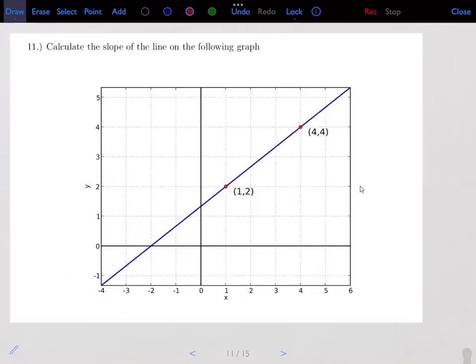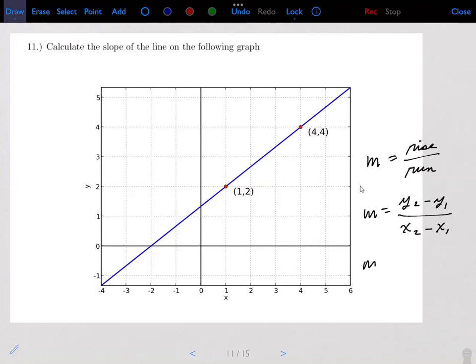All right, question 13. Calculate the slope of the line on the following graph. Okay, so again, here we can use rise over run, right? So we know the slope is equal to rise over run, or you could write this as y2 minus y1 over x2 minus x1, right? It means the same.